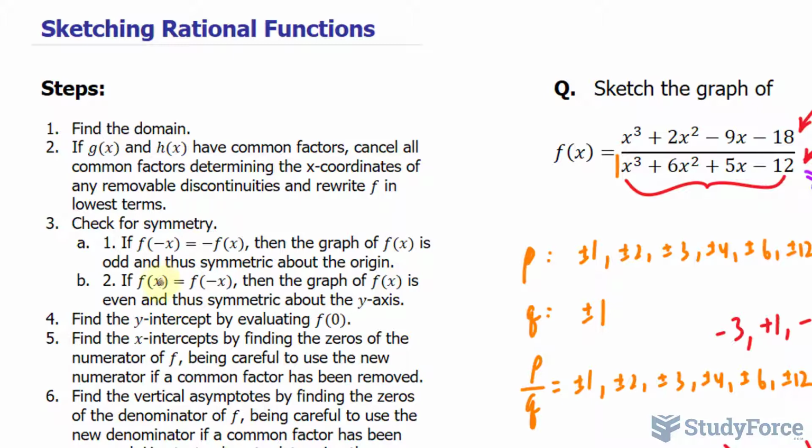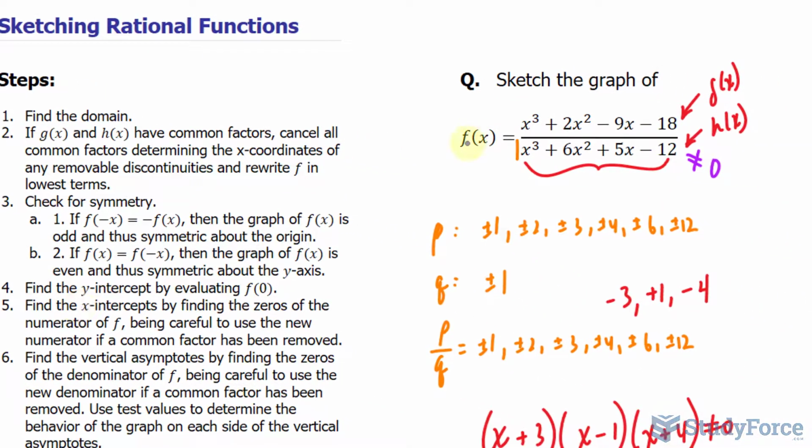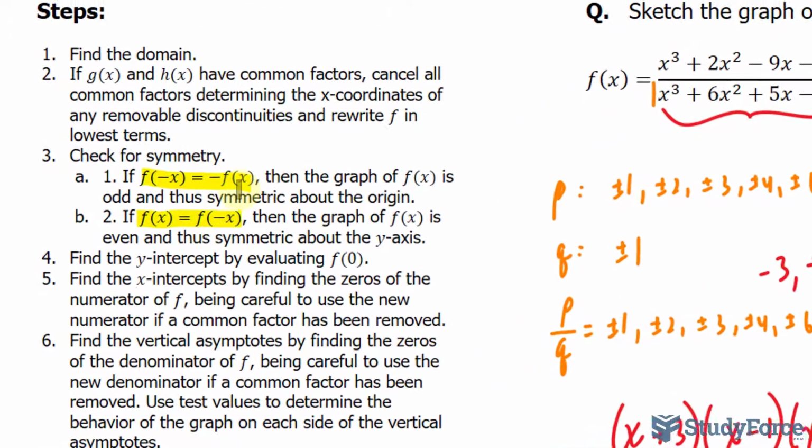In addition, if substituting negative x into the function gives you the function again, so no change, then the graph of f of x is even and therefore symmetrical about the y-axis. Now I tried this myself. I substituted negative x into the function and I did not find this behavior, and I did not find this behavior either. Therefore, it is not symmetrical about the x or y-axis. Let's move on to step number 4.